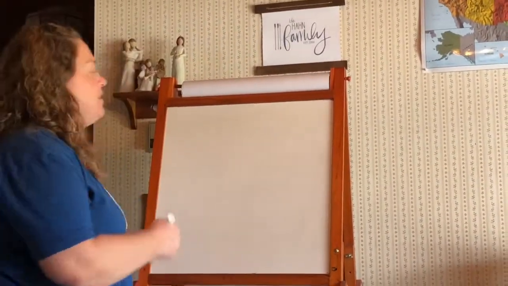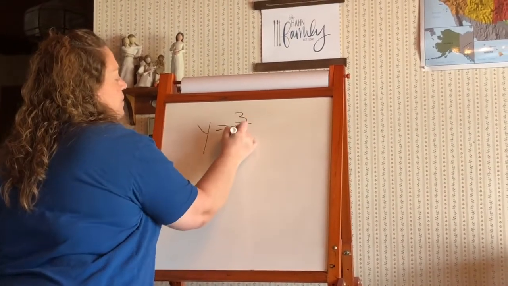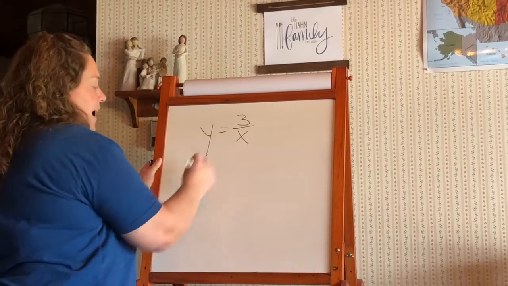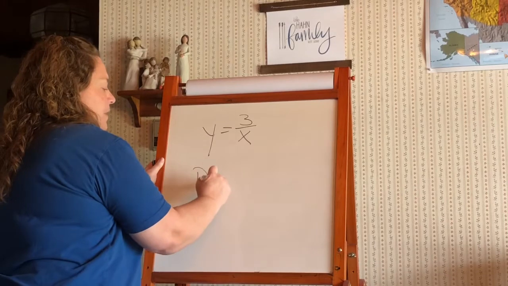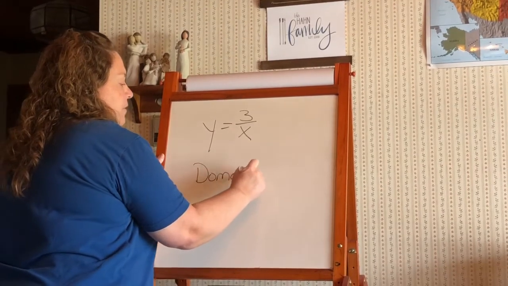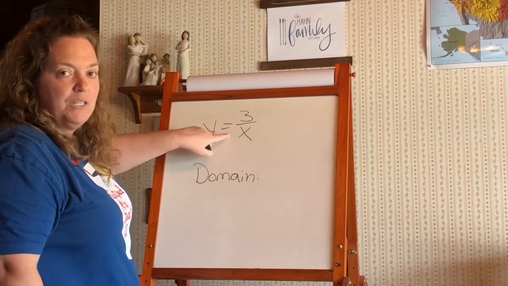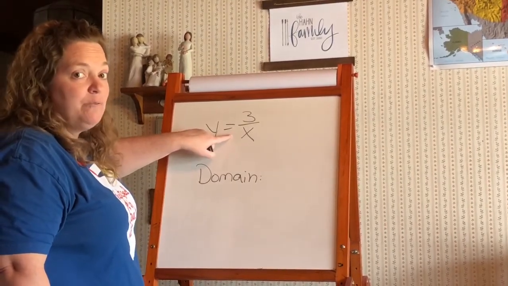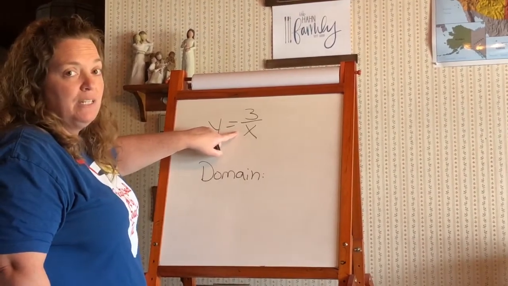For example, let's look at this. If you had y equals 3 over x. Let's look at x. This is our independent variable. So we are going to look for the domain. Now here we have a fraction. There is one number that we cannot put in for x because then it would make it no longer a fraction.